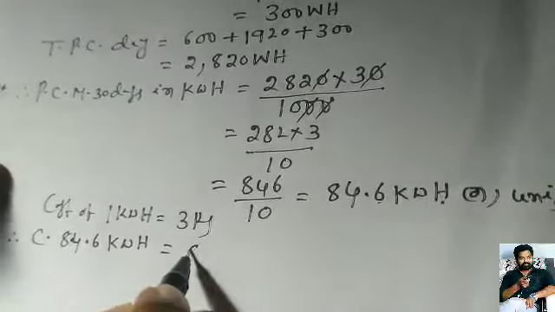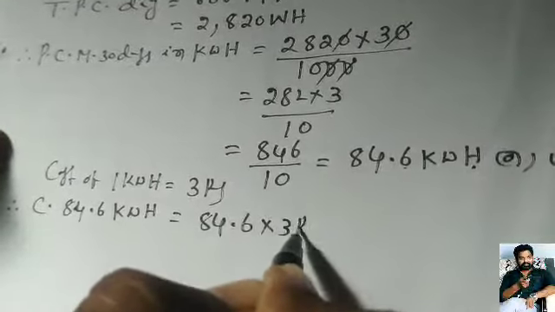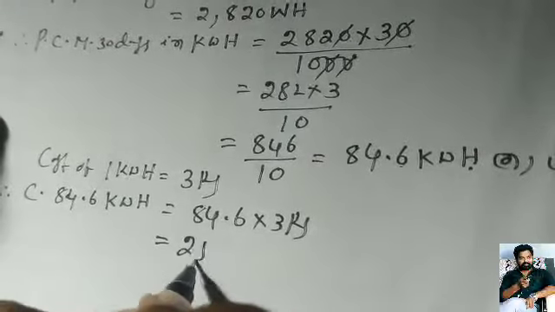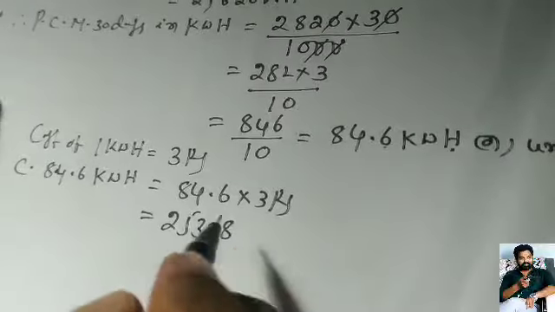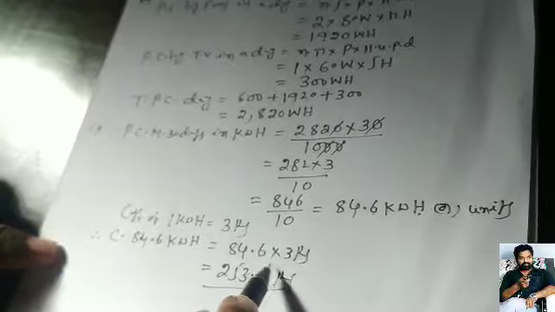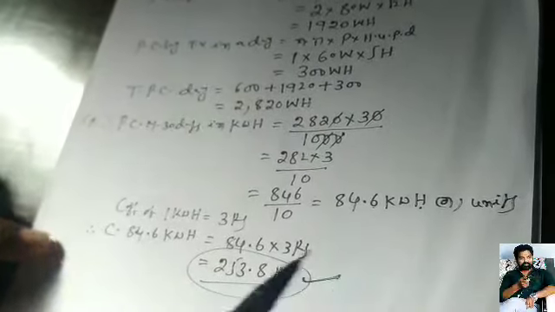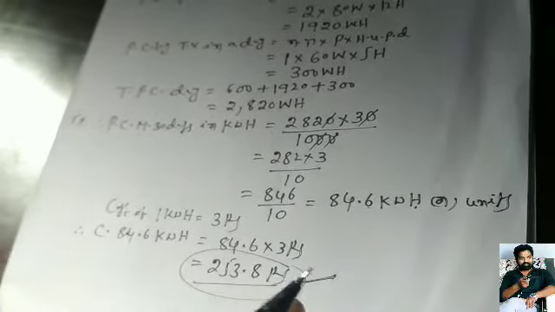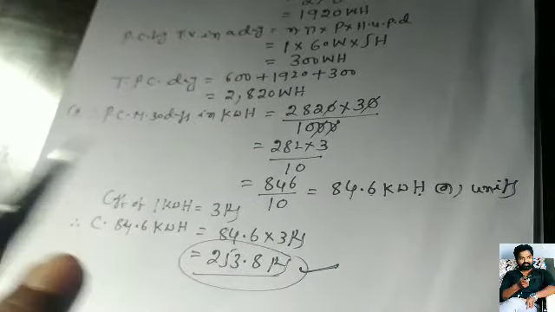That equals 84.6 into 3 rupees, which is 253.8. So this is the cost of consumption of electric power in a month of 30 days. So it is a very important problem for 4 marks.